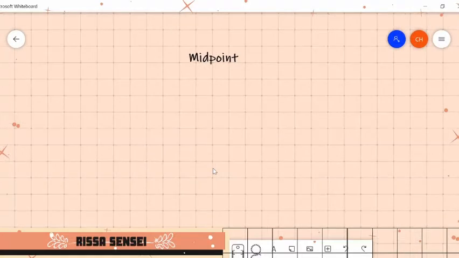So, how do we illustrate a midpoint? So, let's say we have a line segment here. Oops, hindi straight. So, assuming that this is a straight line.